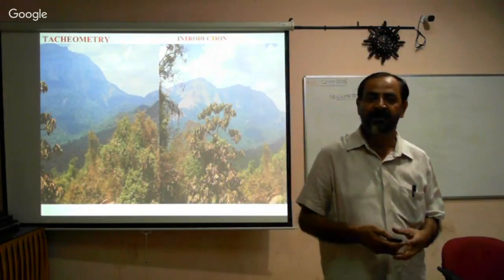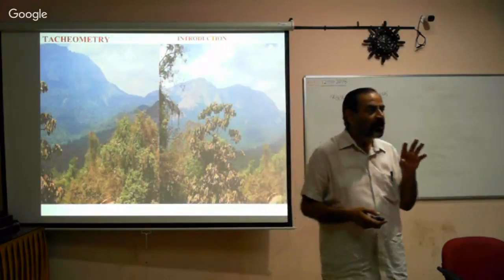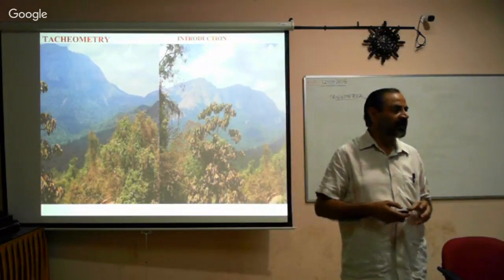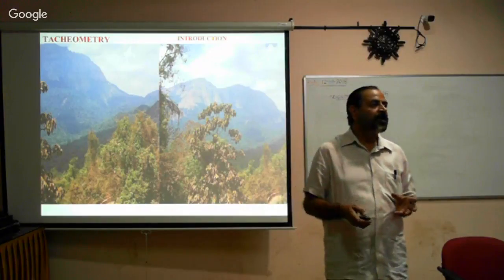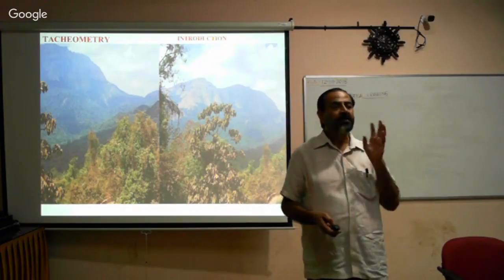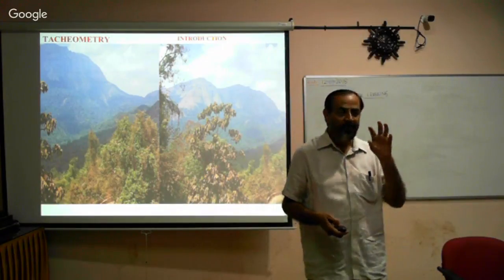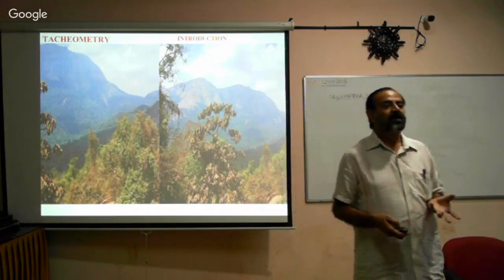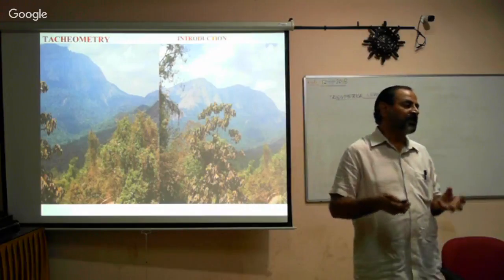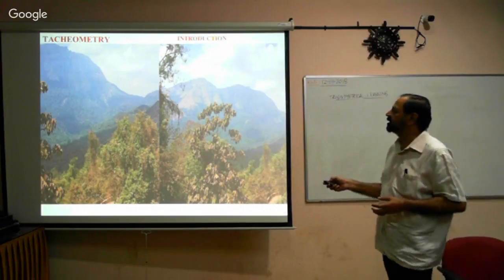We need to give an approximate value, not the exact one. If you apply the tacheometric method, definitely we can come out with some solution. We can understand the topography of the land.